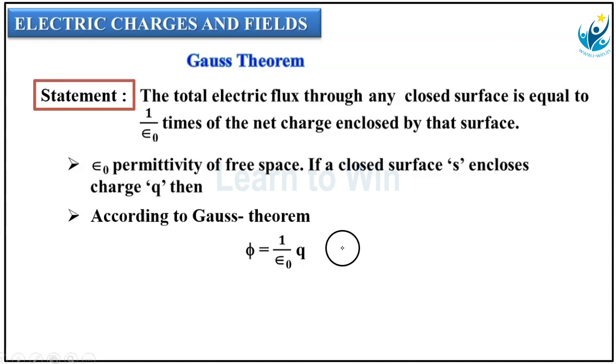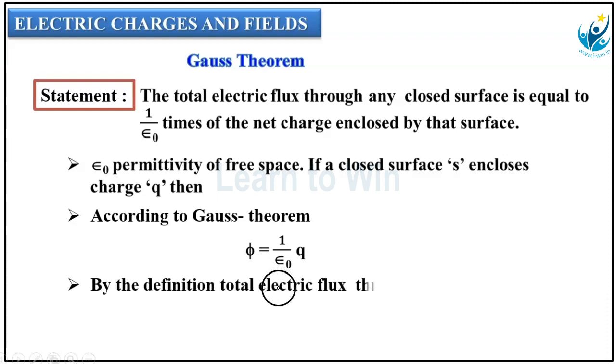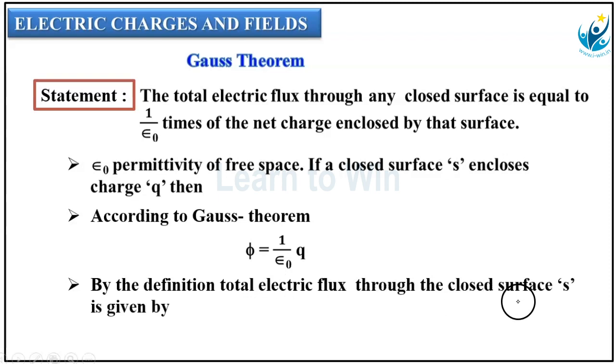But according to the definition of the electric flux, the flux is the dot product of electric field intensity and area vector. By the definition, the total electric flux through a closed surface S is given by phi is equal to closed integral E bar dot dS bar.